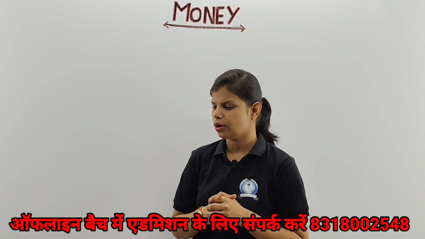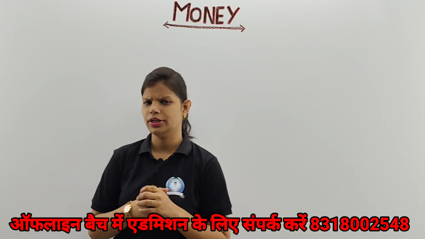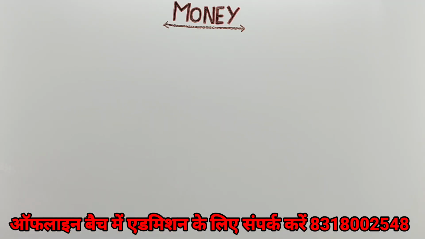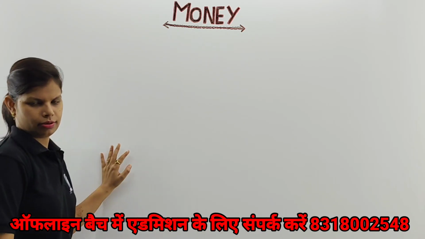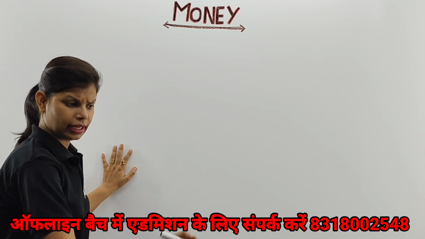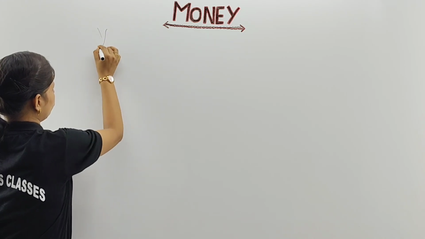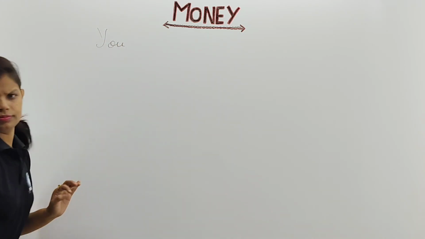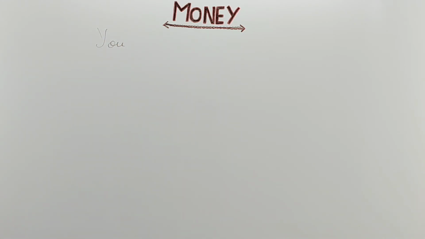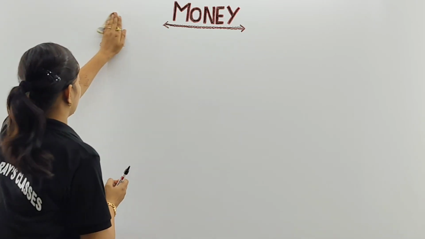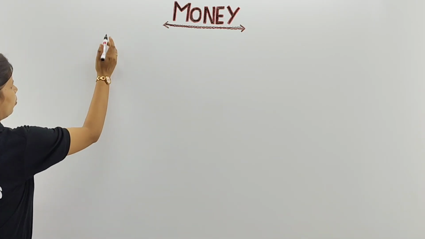Clear, children? So afterwards, can you please tell me what type of representation we have for money? Or what type of currency we are using? Currency means the notes that I have shown you. So what type of currency? You know the currency? What type of currency are we using? Okay.